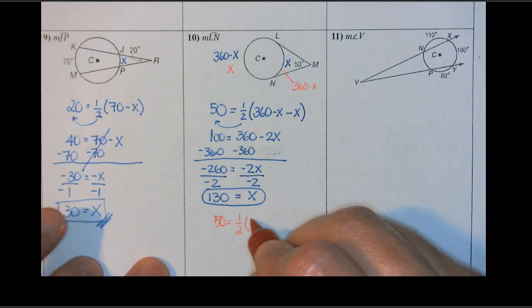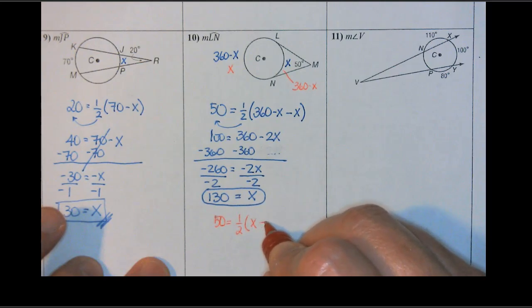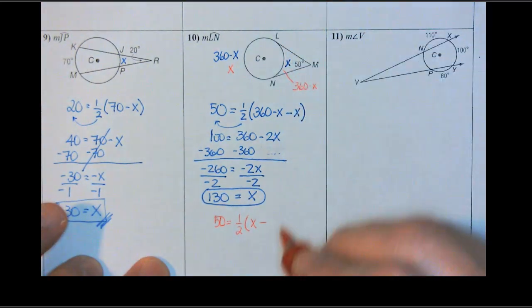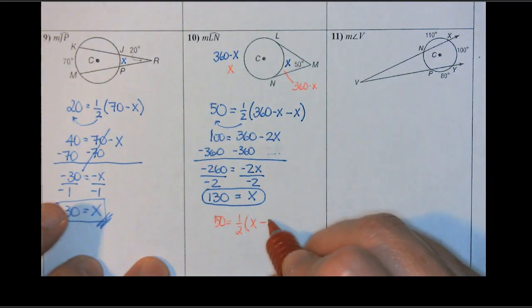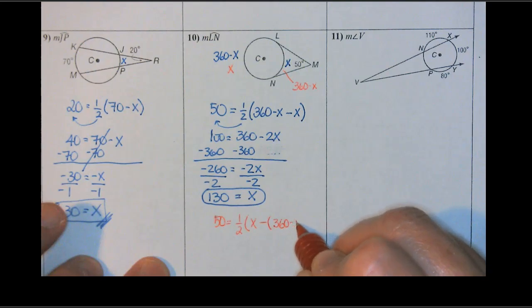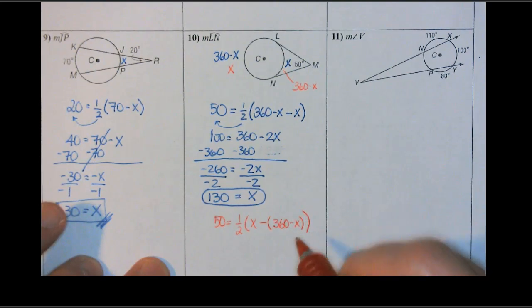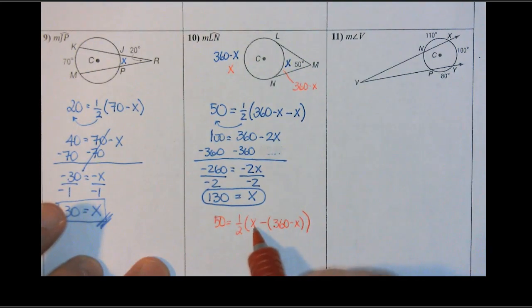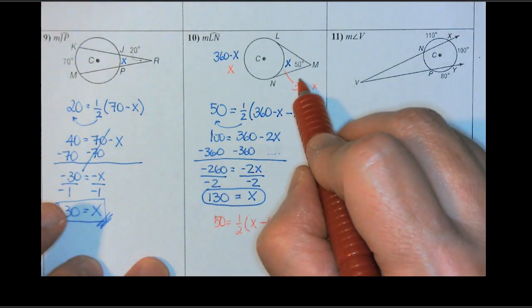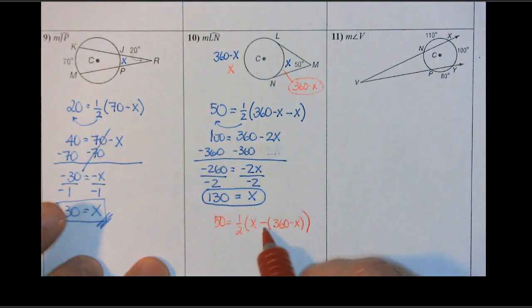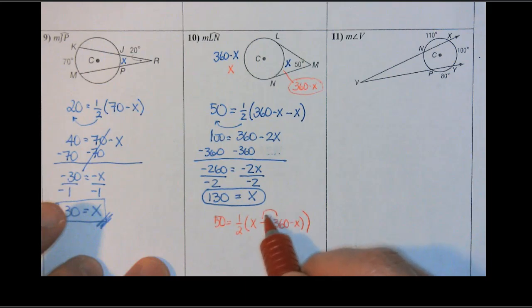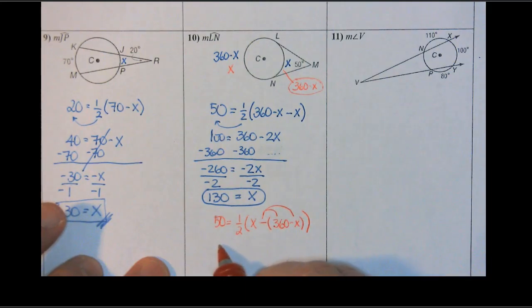The bigger arc is x minus the smaller arc. And in this case, you must put a parenthesis inside here, okay? Because when you subtract, you're going to subtract this whole thing. So that means you need to put a parenthesis, because now this negative is going to apply to both.